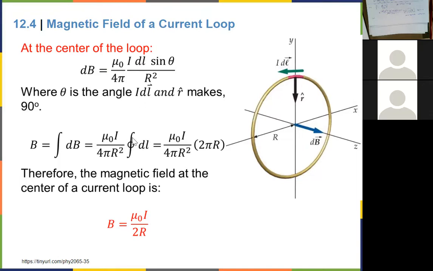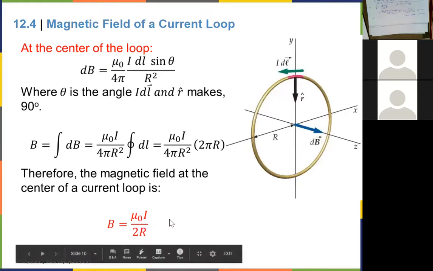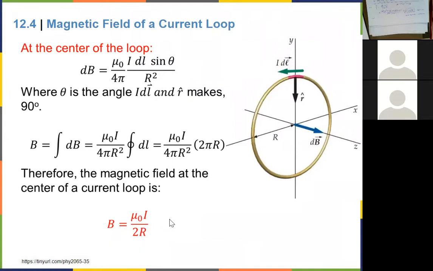If you are integrating through the loop, it will give you the circumference of this circle, 2 pi times R. So 2 pi R and 4 pi R squared cancel partially, and your result will be 2 times R in the denominator. So mu naught times I over 2R. That will be what you have at the center of the loop, for the magnetic field.